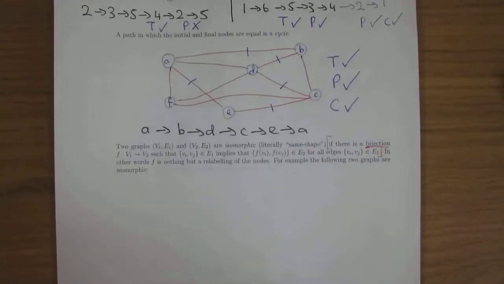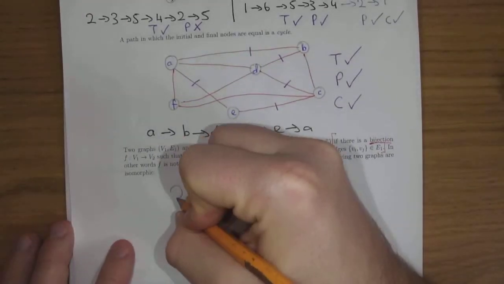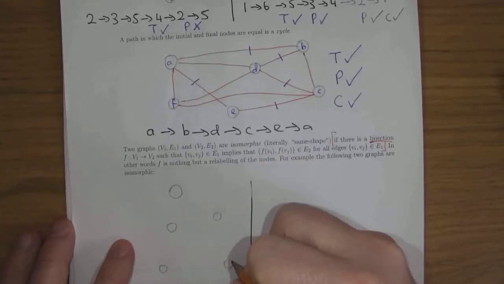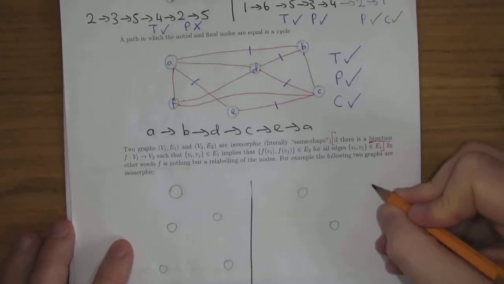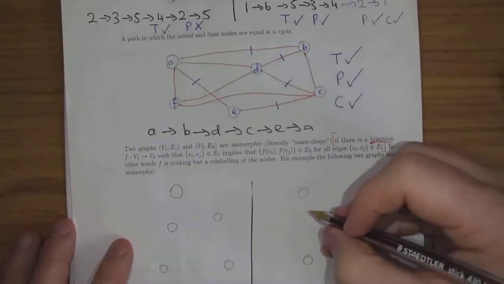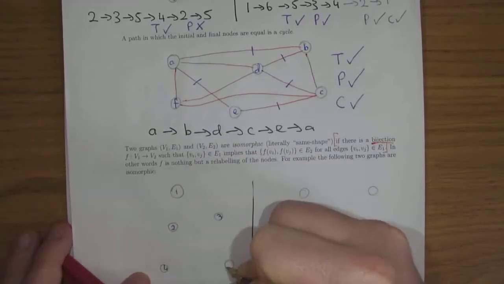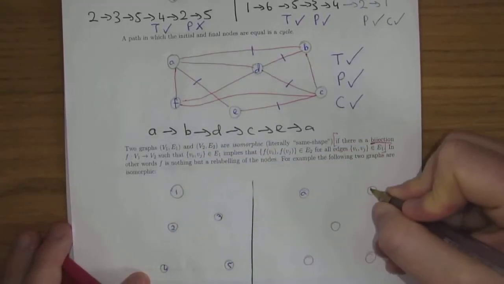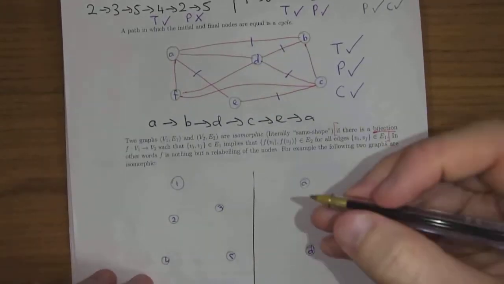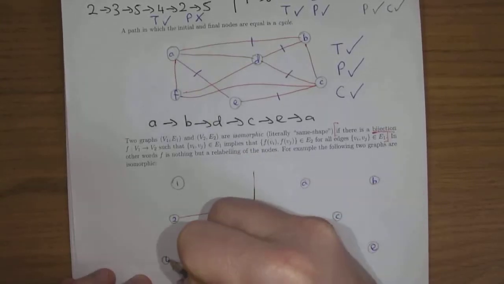So for example, if I draw this and this, so now the labels, let's say 1, 2, 3, 4, 5, A, B, C, D, E. Now it's actually quite a difficult problem to say that two graphs are isomorphic.